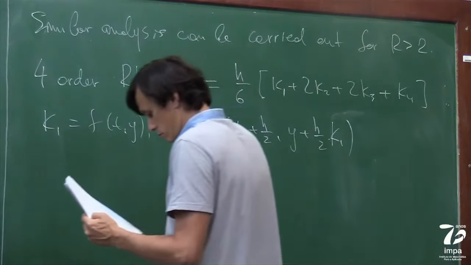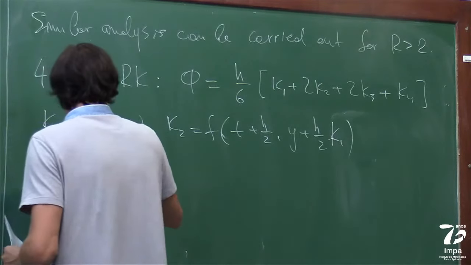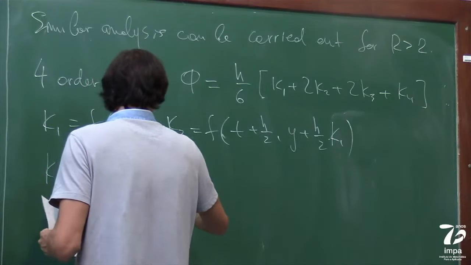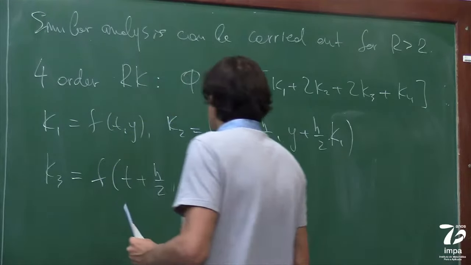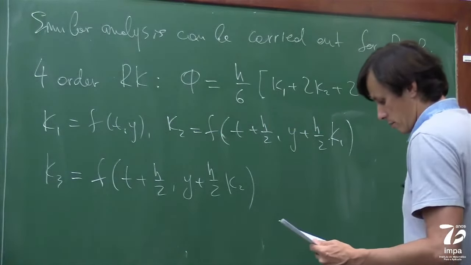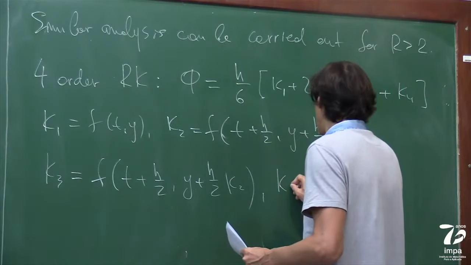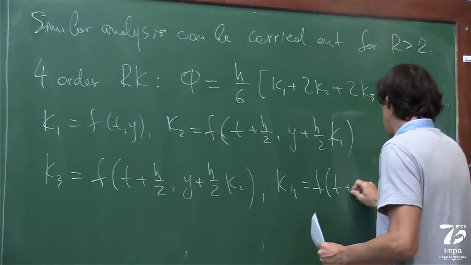But you don't stop here. Then you take K3, which is just the same expression, but with the next K. And then you compute K4 as f at the end.